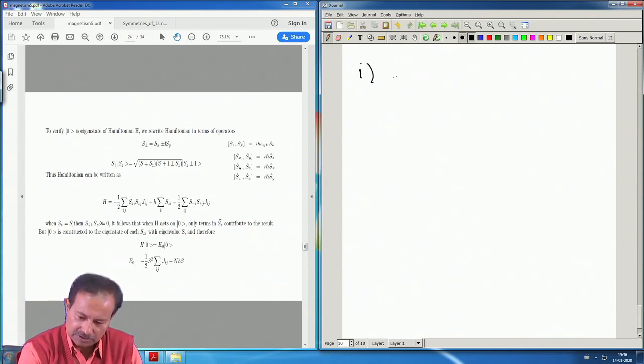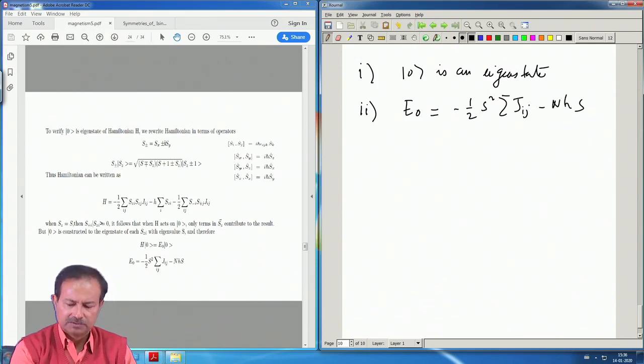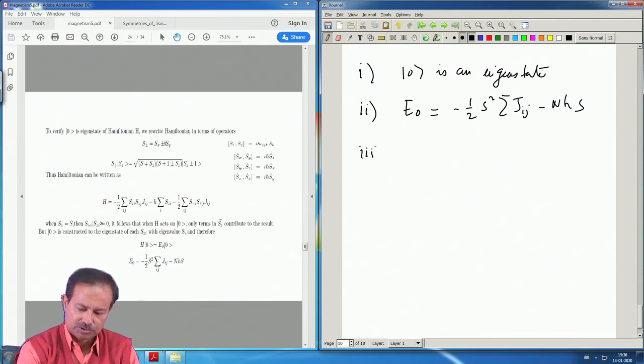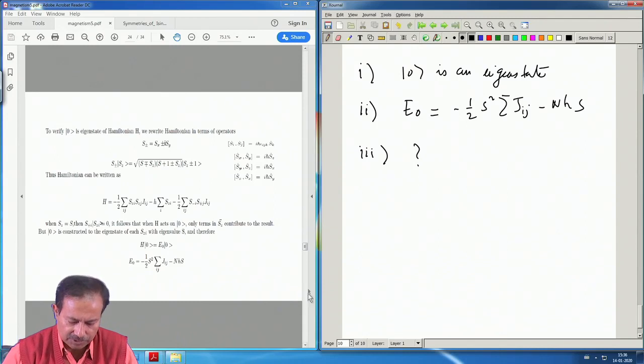So 1 and 2 are done, that |0> is an eigenstate with E_0 equal to whatever we found out, minus half S square sum J_ij, minus N H S. The third one is still to be shown, that this is the lowest eigenvalue that you can ever find for this model with ferromagnetic J's. That is what we have to do now.